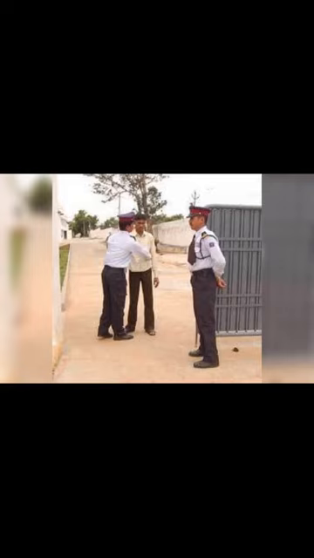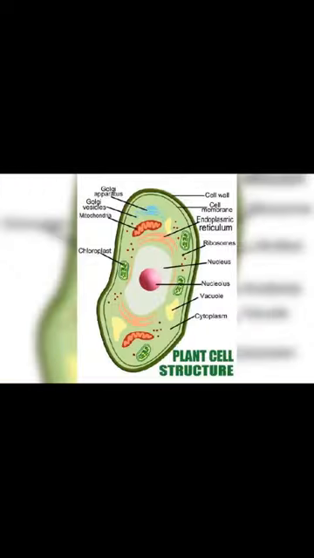The third main and important function of plasma membrane is, see, in our schools we have security guards, isn't it? What is their duty? What is the role of the security guards? They will not allow all the persons to get inside the school, nor let all the children go outside the school. They will control. Why? Because outside persons may harm the people inside, so they will stop them.